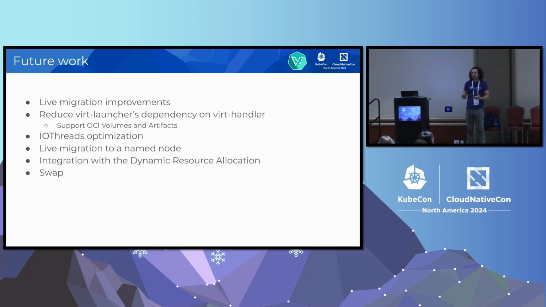That sidecar, as it is today, modifies the underlying libvirt domain XML and allows an introduction of a new interface. But we're looking at somehow enhancing this process, and not just modifying the XML, but actually creating an interface and then moving it into the main Virt launcher container.